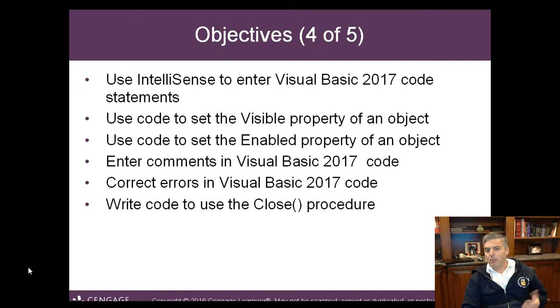We've been setting properties all along using the properties window in the lower right-hand corner of Visual Studio, but you can also set those properties with code, and that's what we'll be doing with a lot of our properties in this chapter. We'll talk about adding comments in our code, correcting errors, and using the built-in close procedure to exit out of our program properly and clear out all the memory.